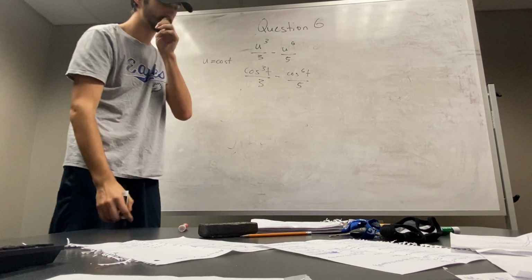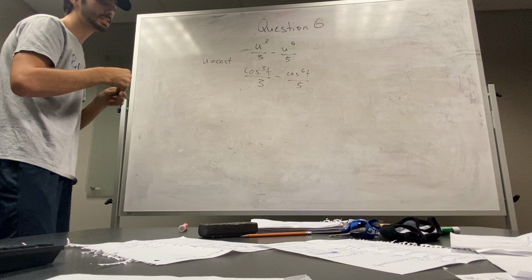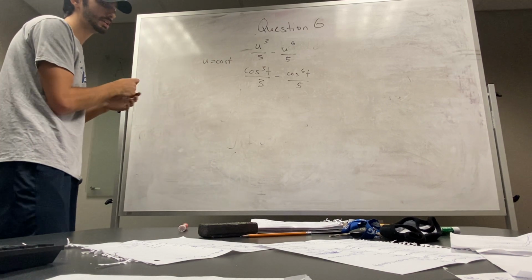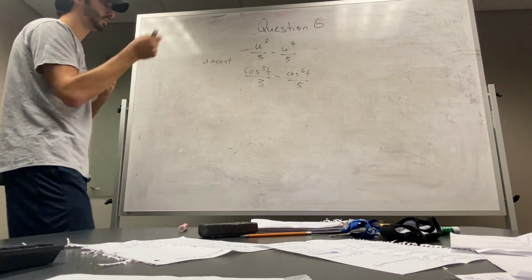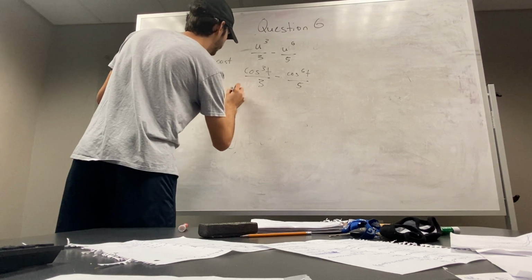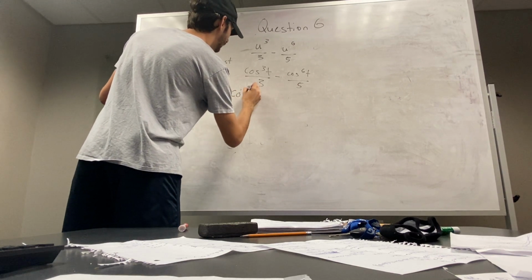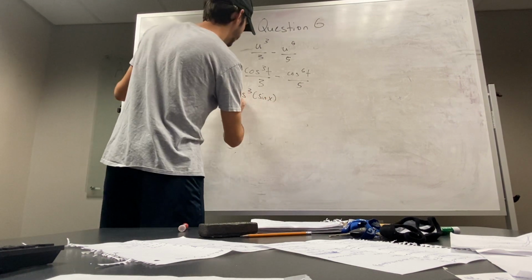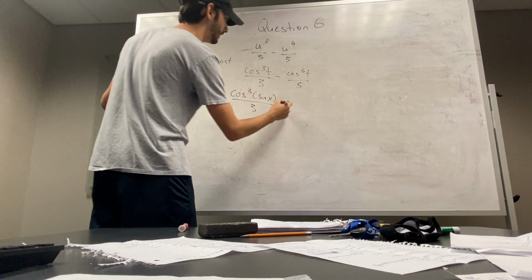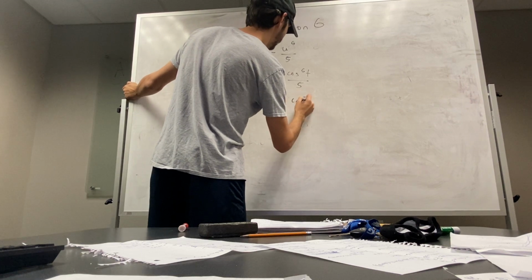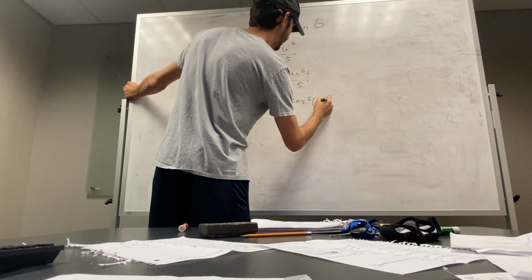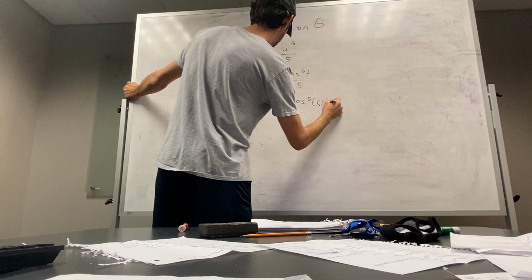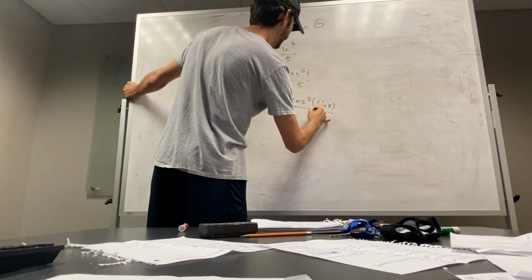So t is going to equal the value of sine x. So we have cosine cubed of sine x over 3 minus cosine to the fifth of sine x over 5.